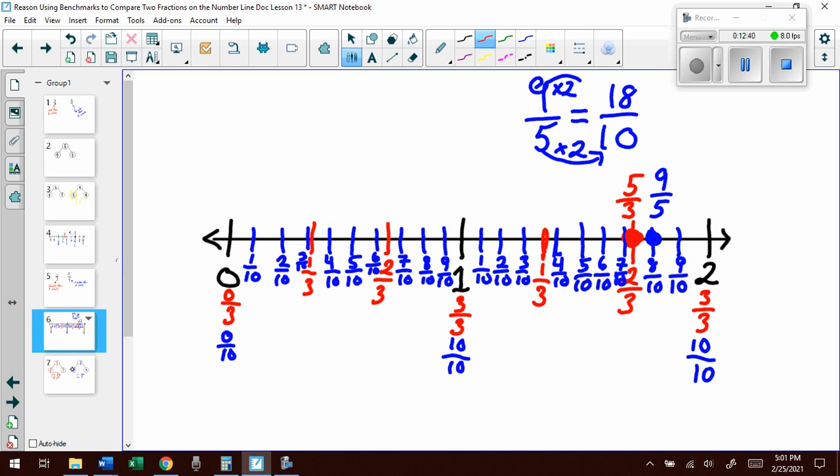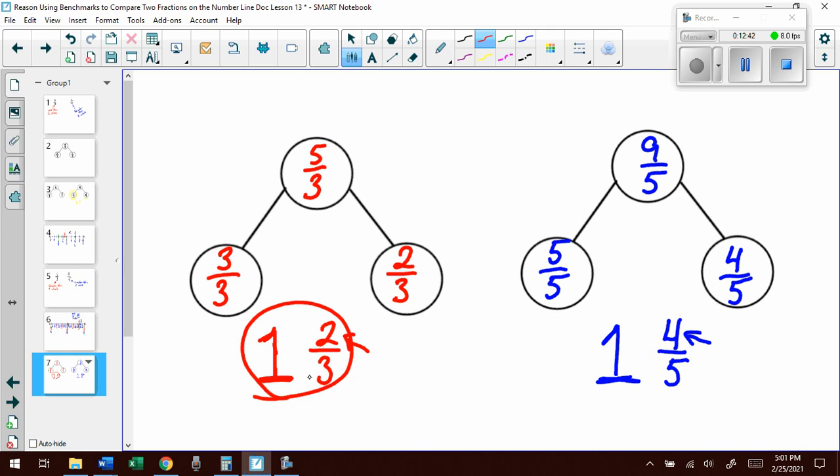Well, the issue lies in the denominator. The smaller the denominator, the larger the piece. The larger the denominator, the smaller the piece. So the smaller the denominator, the further away from 1 whole you are. The larger the denominator, the closer to 1 whole you are.